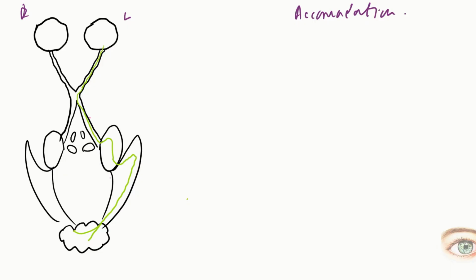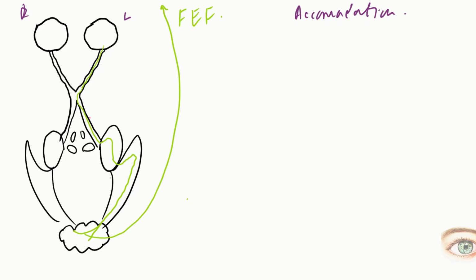And what happens next? Then it is going to go towards the frontal eye field, right? Why to the frontal eye field? Because most of the voluntary eye movements and voluntary and involuntary convergence are also controlled by the frontal eye field, right?